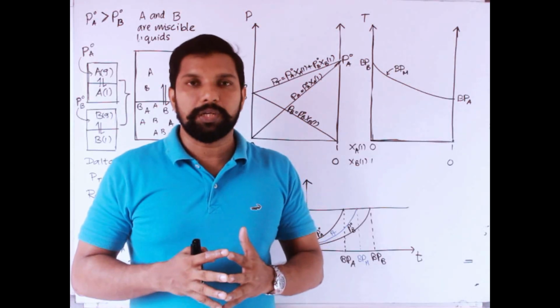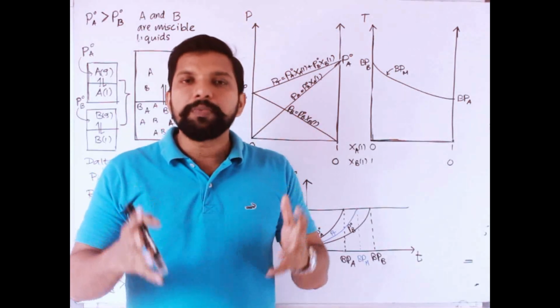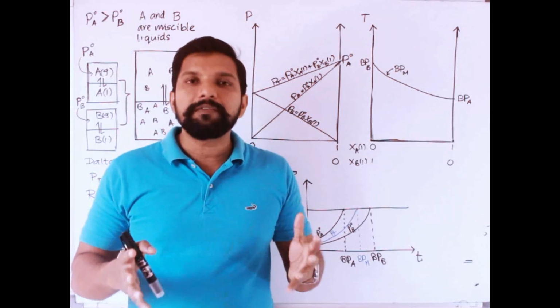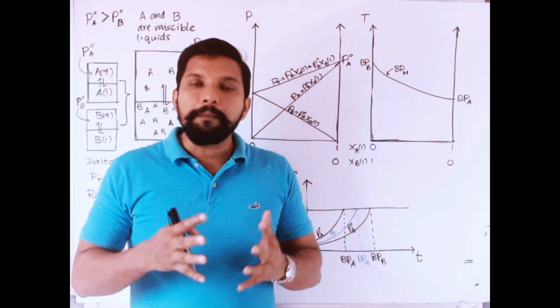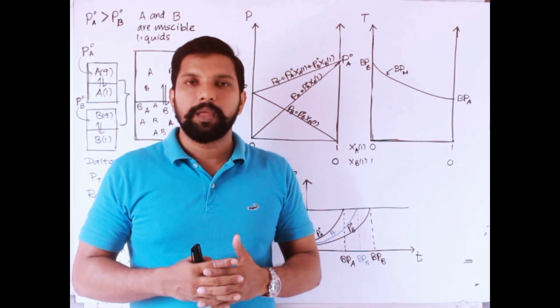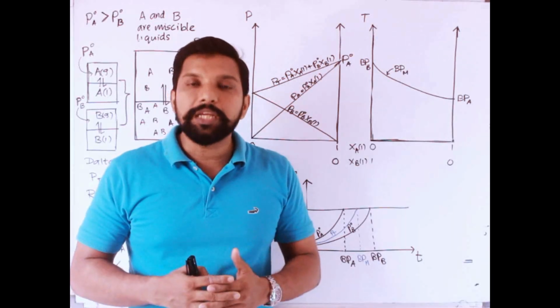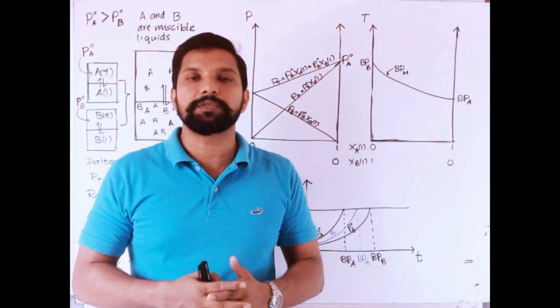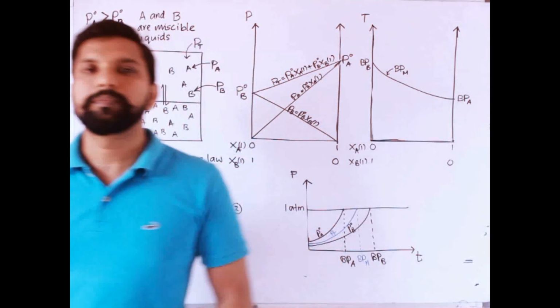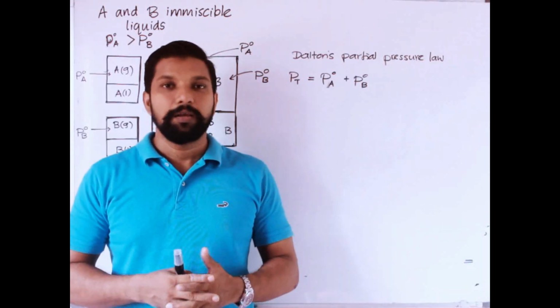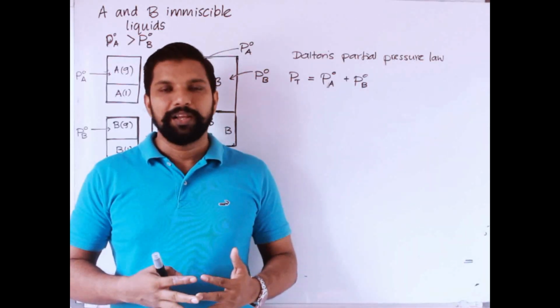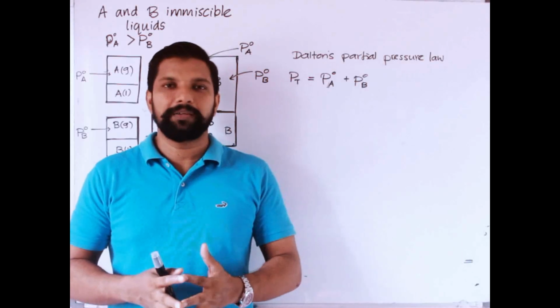If a mixture of miscible liquids behaves like this, how would a mixture of immiscible liquids behave? That's what we need to understand in the next explanation. Have you seen a mixture of water and kerosene, water and coconut oil, water and any essential oil?